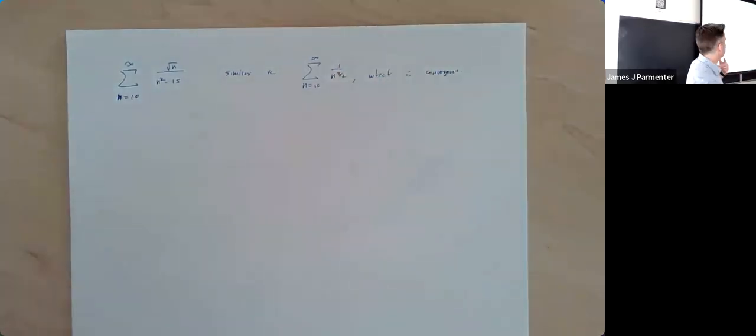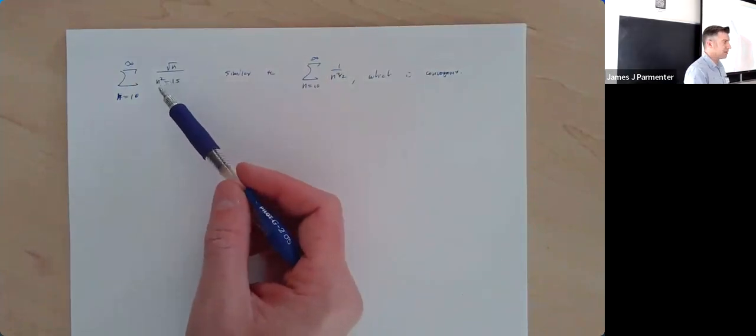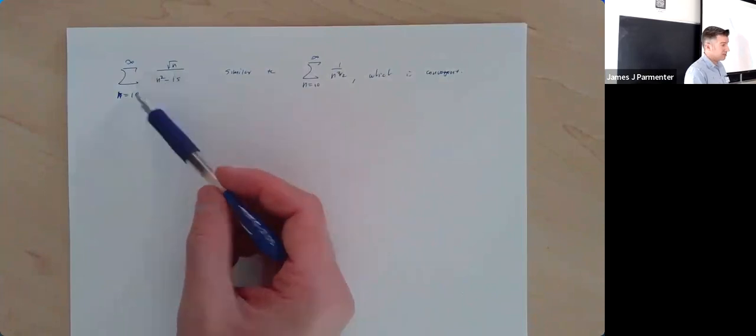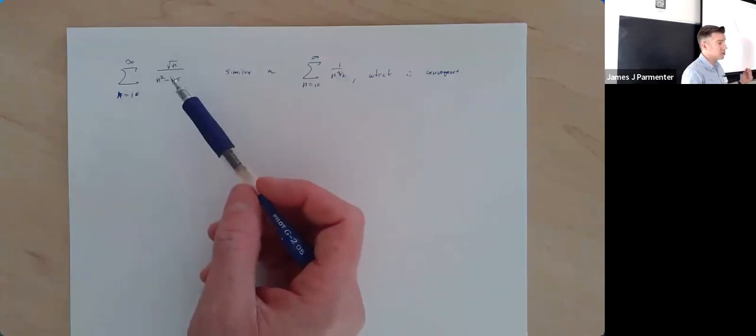And the bigger picture thing here is that when you're thinking about using either the comparison test or the limit comparison test, unlike other tests, you have to have an idea of what you think is going to happen. Meaning you have to look at this series and say to yourself, I think that converges. So I'm going to compare it to something that converges. Comparing this to something that's divergent is never going to work out. You're never going to get anything conclusive. But if you compare this to something that's convergent, you can usually get there.